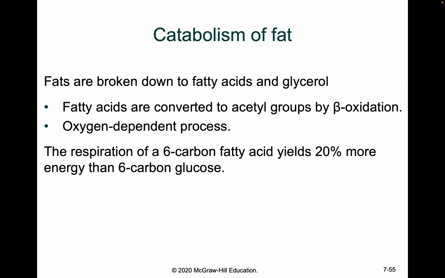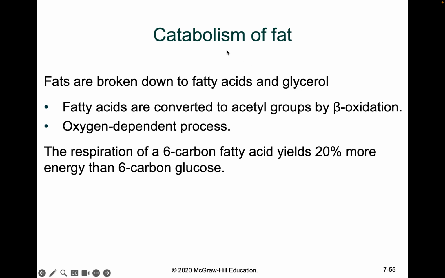Another source of energy can be fats, and fats have much more energy than sugar. They have 20% more energy than sugar. For example, a six carbon fatty acid will yield 20% more energy than six carbon glucose.